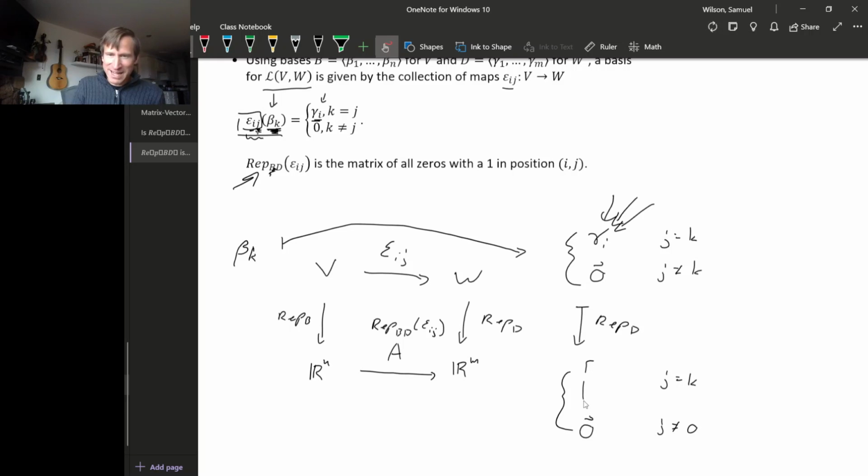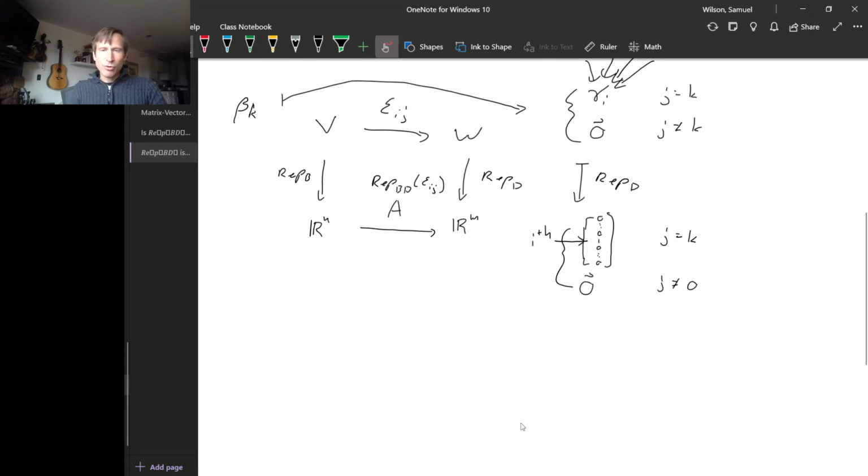So what we get here is a vector that is all zeros except for one spot that has a 1 in it. And where is that 1? It's in the ith position.